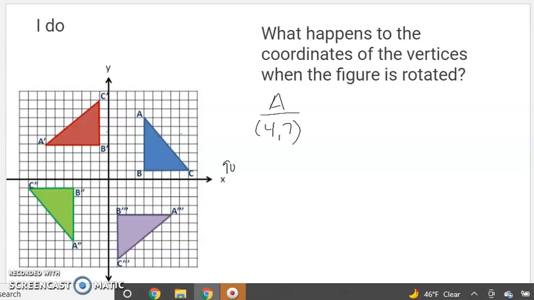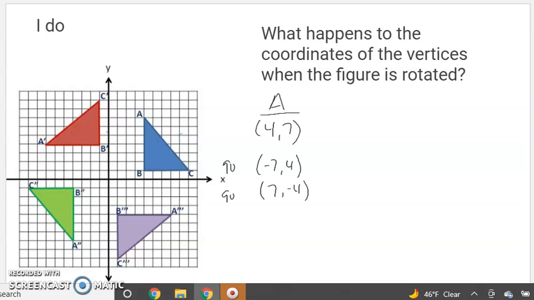At the 90-degree rotations, let's look at the coordinates of the new A. So this one is at -7, +4. And this 90-degree rotation down here, the purple one, is at +7, -4. Take a careful look at those coordinates. Look what happened.